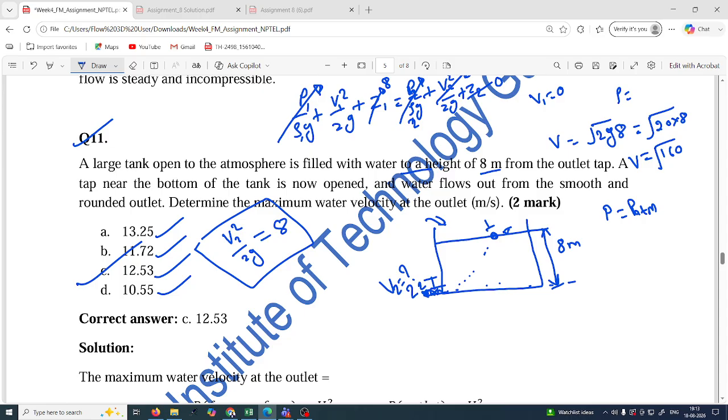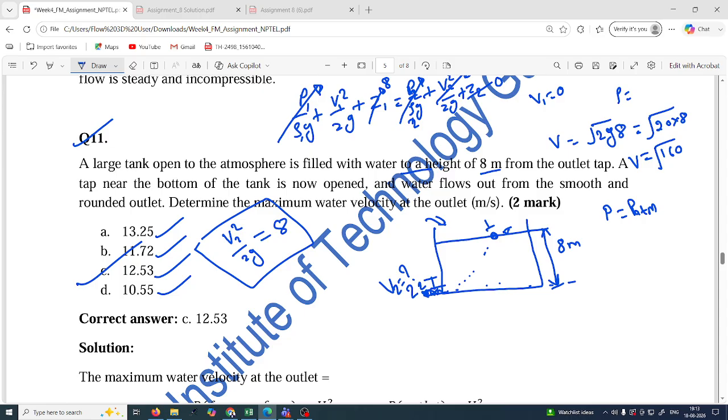If we were to consider the coefficient of velocity, different people would use different coefficients, so how would the answers match? Generally, if the question wants the coefficient of velocity to be considered, the value will be given. Here the value is not given, so there is no need to consider it.